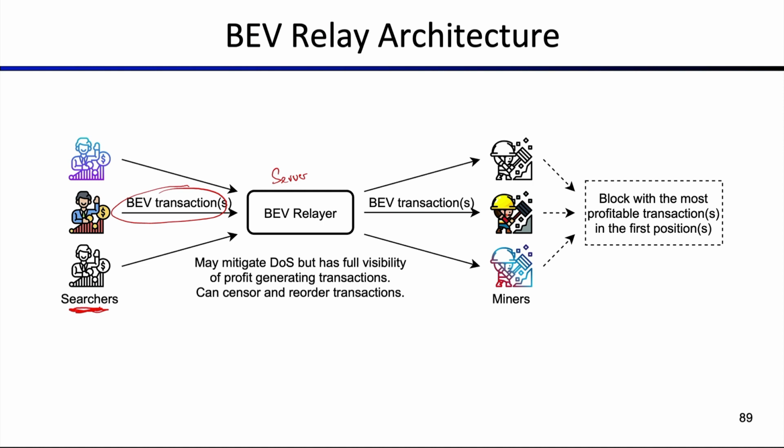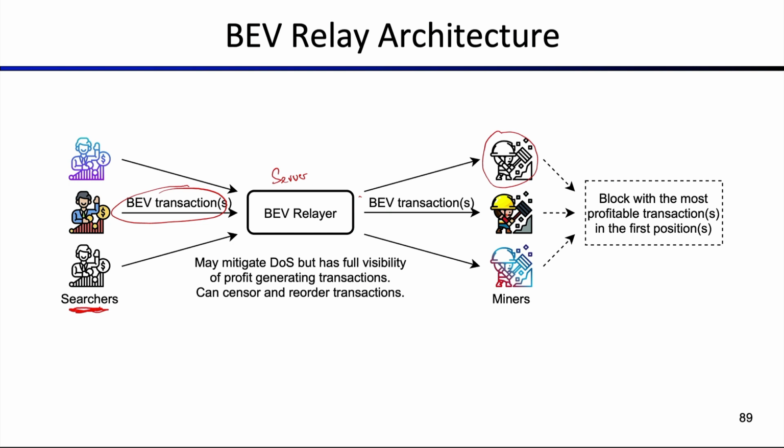What they do is bribe miners. They pay a fraction of their revenue to miners. We've looked at a little bit of data, and some of them pay over 90% of the extractable value to miners. And this BEV relayer, which is just the centralized service receiving these transactions, is then forwarding them to miners.